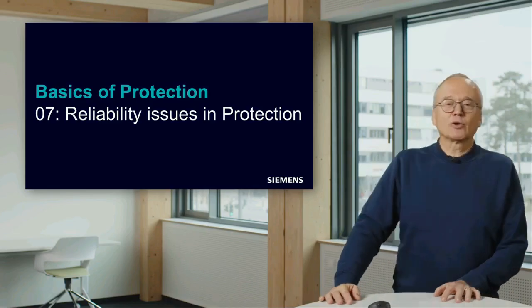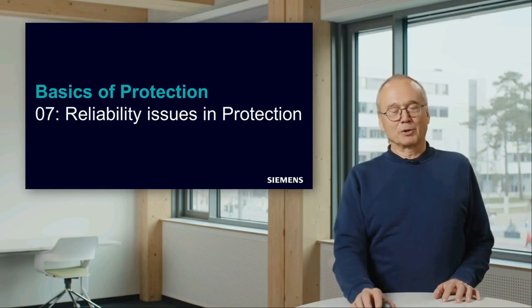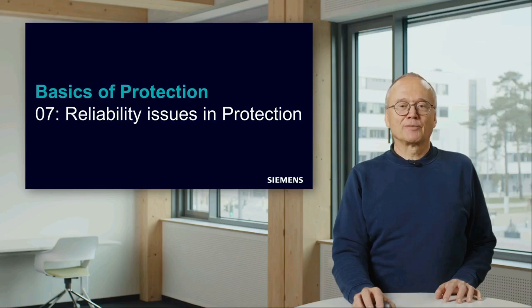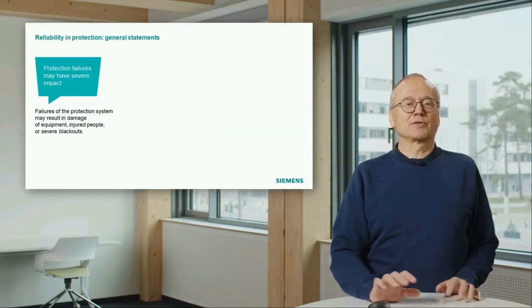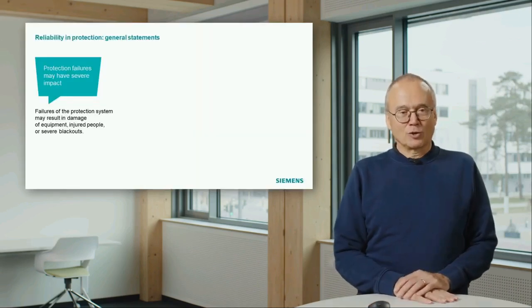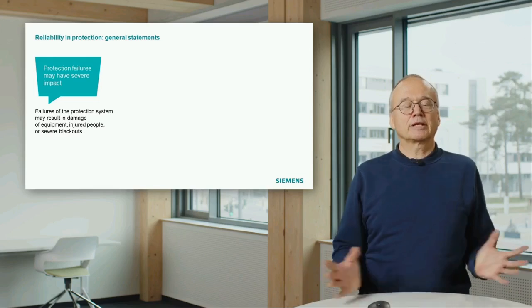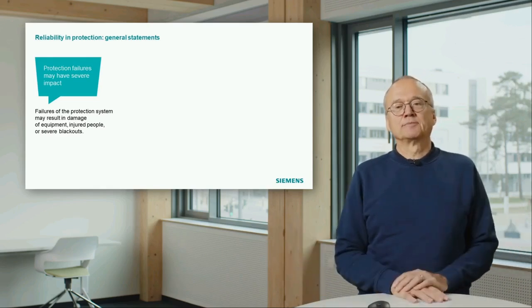Let's talk a bit about reliability issues in protection. And I would like to start with just 3 statements on this topic. On one side, we should have in mind, if something goes wrong in protection, it may have severe impact. It can result in blackouts.